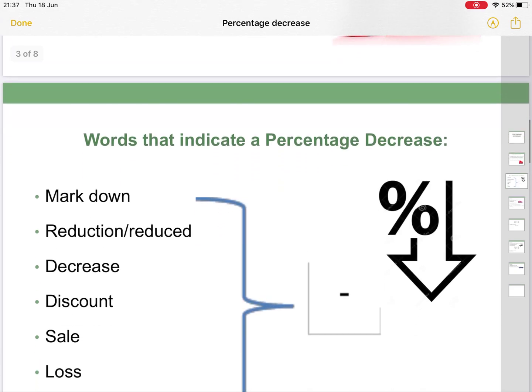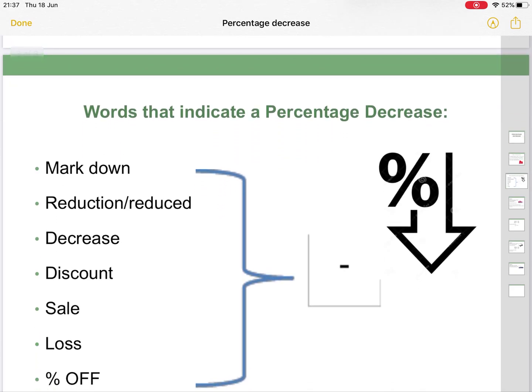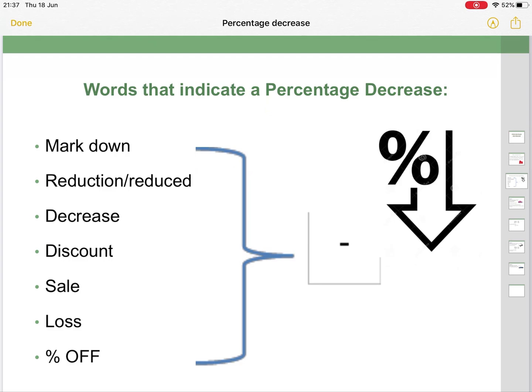Now, words that can indicate a percentage decrease, okay? When we have the word markdown or the word reduction or reduced, or the word decrease, or during a sale we have that word 20% discount. Sale, obviously, as well. Loss, as we just explained.